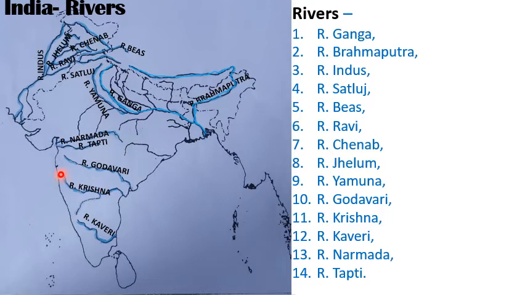Krishna, similarly Western Ghats and falls in Bay of Bengal. Kaveri, which also falls in Bay of Bengal. Narmada and Tapti, these are two rivers which flow towards the western side. So this is Narmada river, falls in Arabian Sea. Tapti river falls in Arabian Sea.